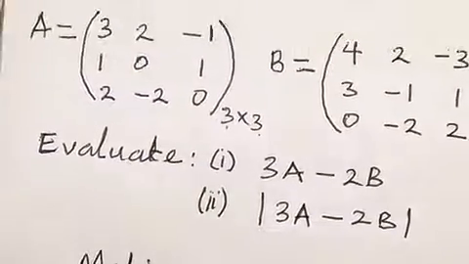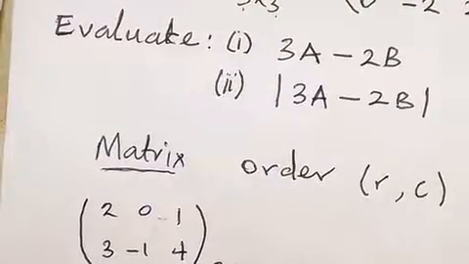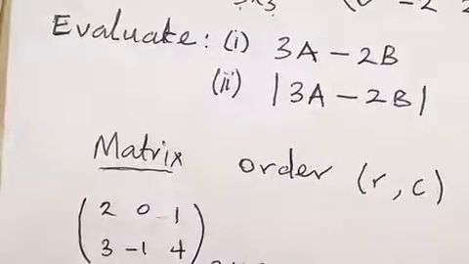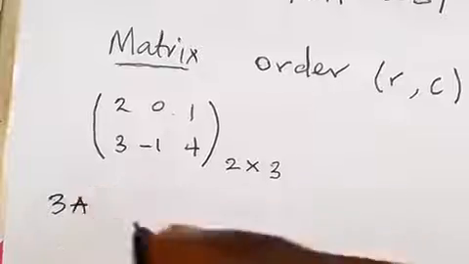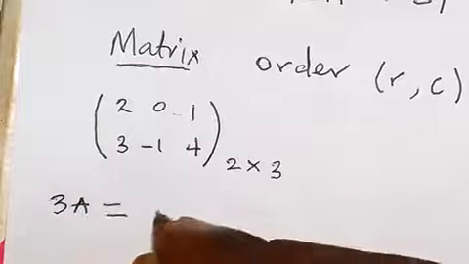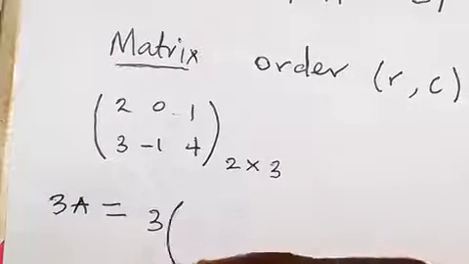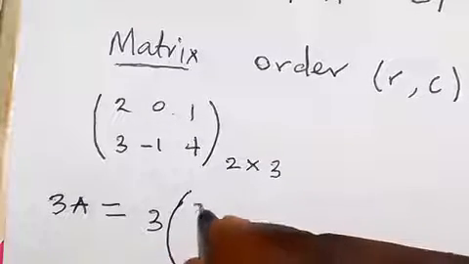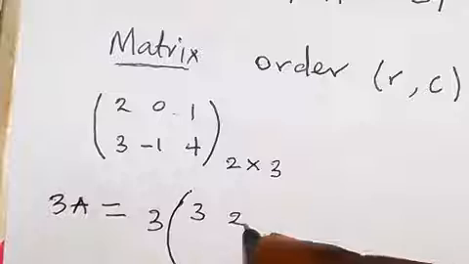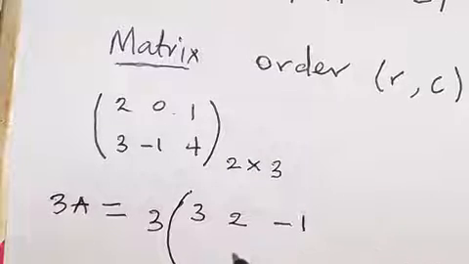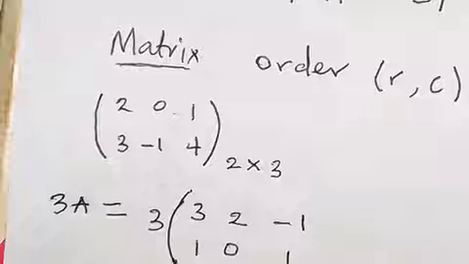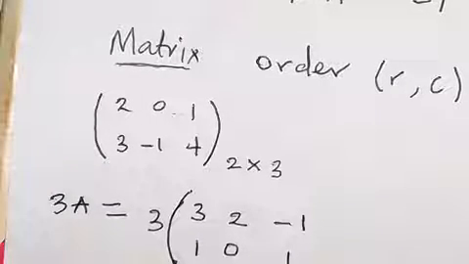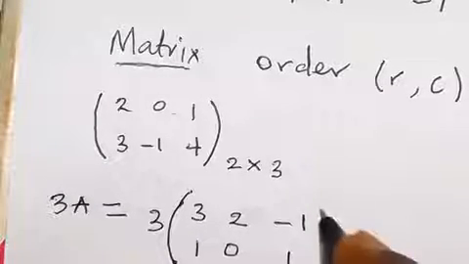So 3A will be the same thing as 3 multiplying the matrix A given. And the matrix A is 3, 2, minus 1, 1, 0, 1, then we have 2, minus 2, 0.